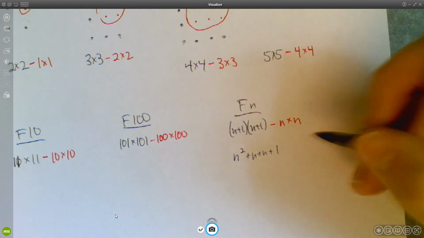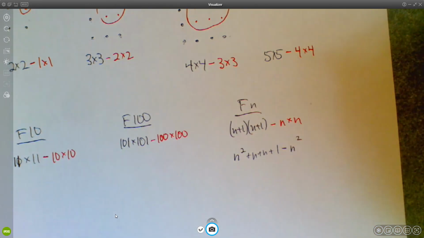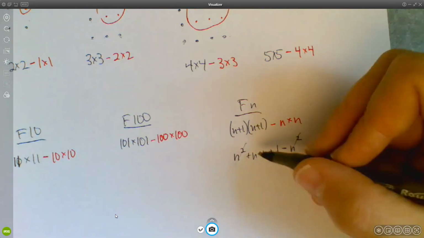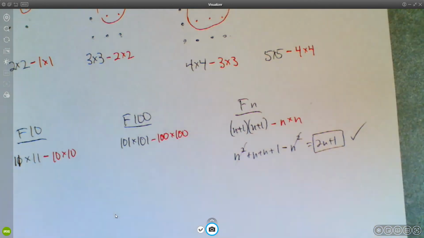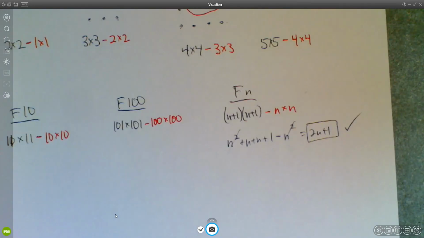And then we're going to subtract off n times n. Well, n times n is n squared. So then we combine our like terms. n squared cancels with n squared. We have 2n plus 1, same as what we got on the previous two attempts. So still 2n plus 1 is what we're coming up with.